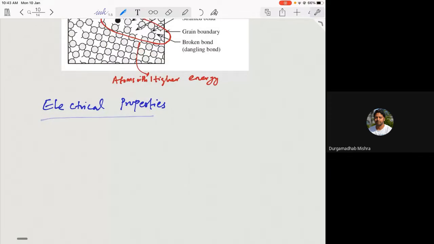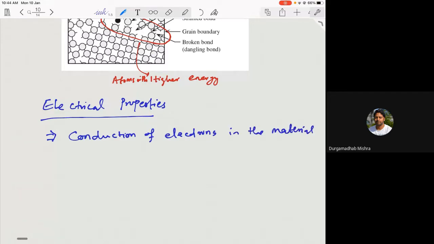When we talk about electrical properties, we mean the conduction of electrons in the material, or it can be other charge carriers.